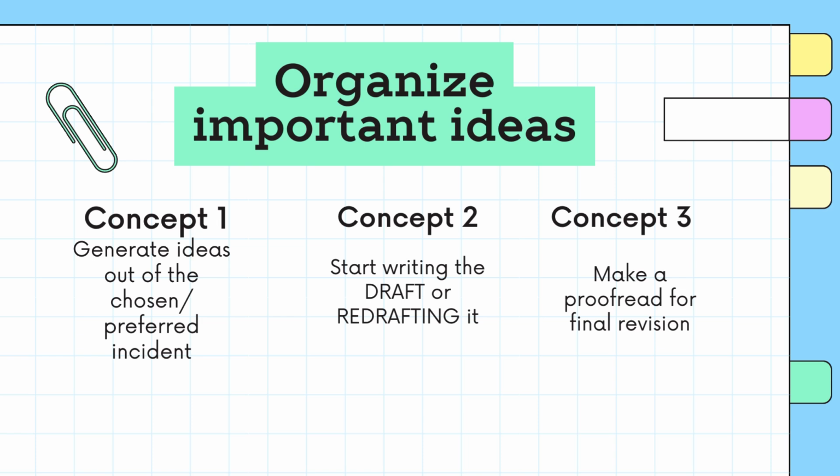Mapping out and clustering are some of the techniques that you can use in the pre-writing process to conceptualize your ideas. The second is start writing the draft, adopting your gathered ideas based on concept one. And concept three is proofreading and doing final revisions or editing for the work that you did.